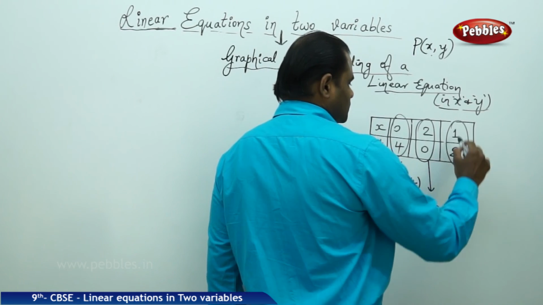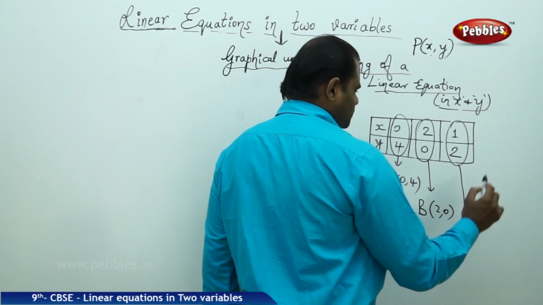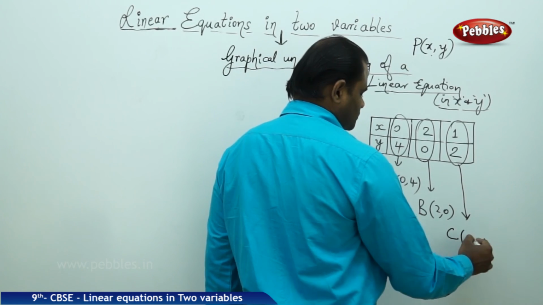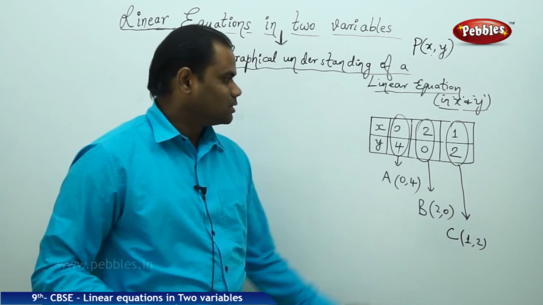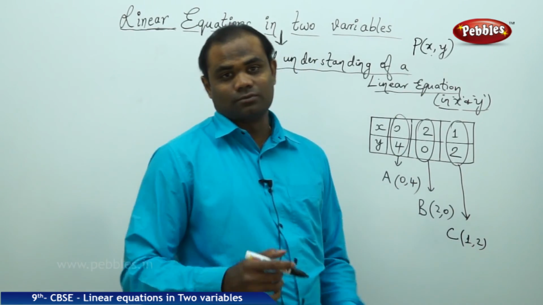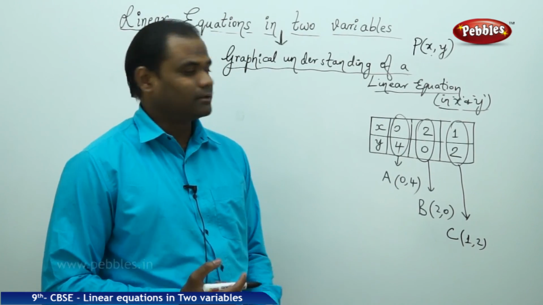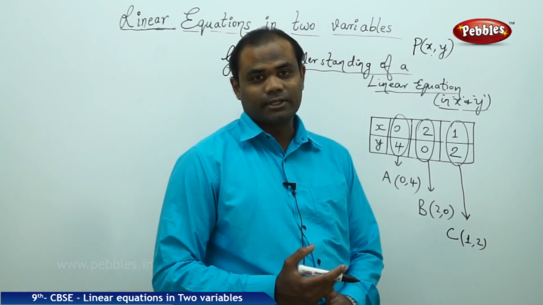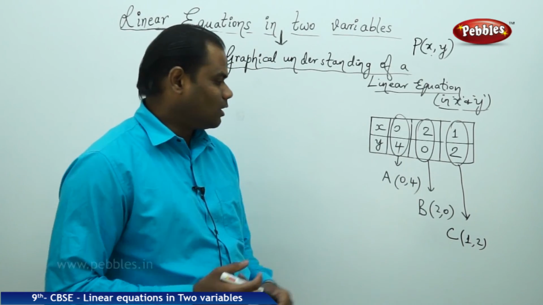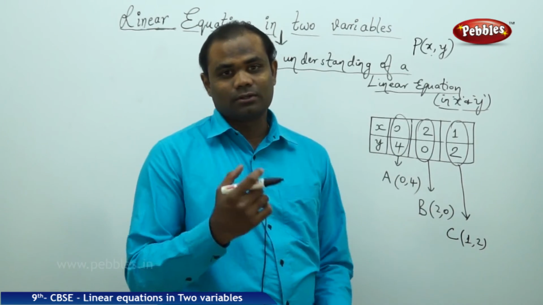Similarly, the coordinates identified through the third column, which is C, are 1, 2: the value of x is 1 and the value of y is 2. This is how we identify the 3 sets of coordinates picked from the table. Now let's see how we can plot these points on the Cartesian plane.